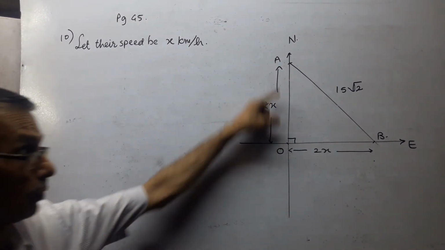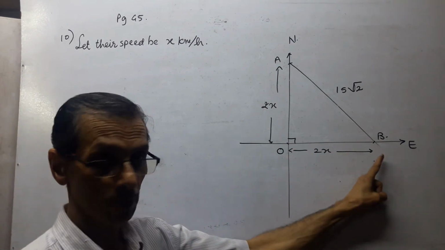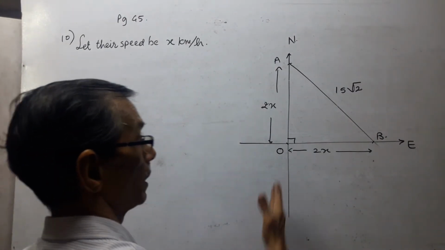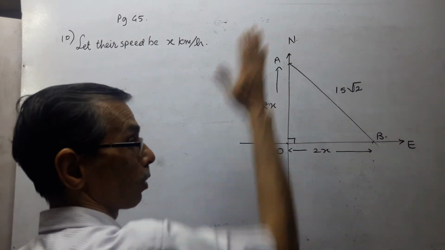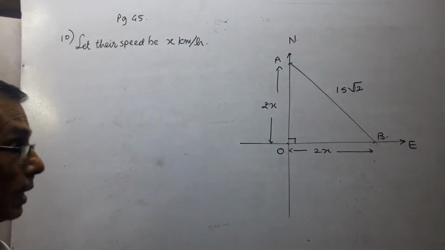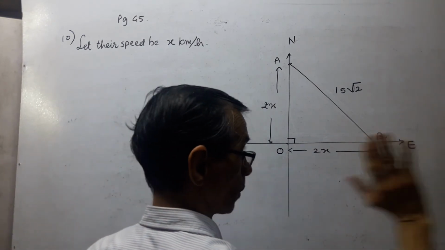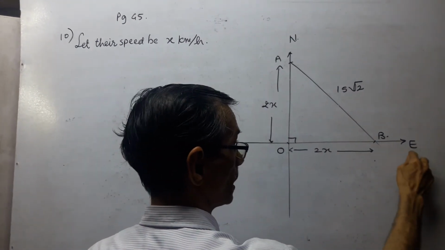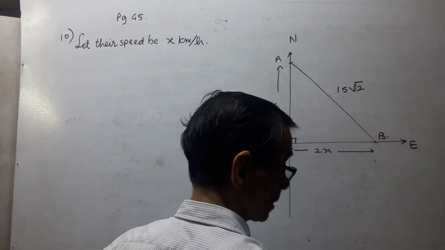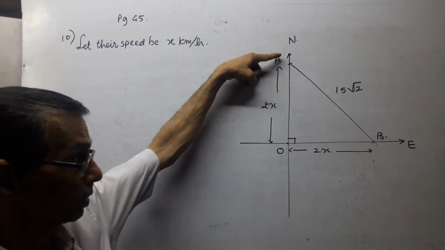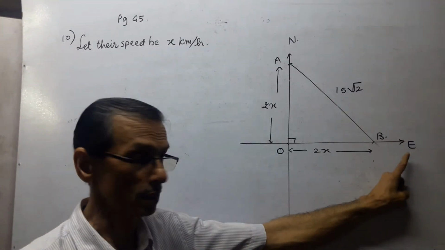Whenever we draw one vertical line and one horizontal line, and when you are facing the diagram, then the vertical is always north. Take note, the vertical is always north, and the side which is our right hand side is always east. So one of them started walking towards north and the other towards east.